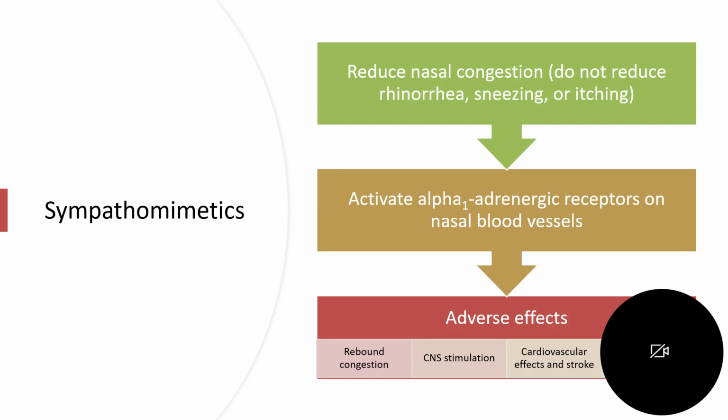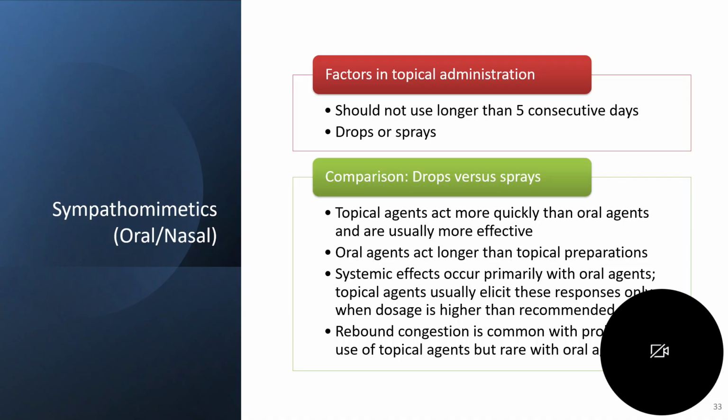So you take this and you're good to go, and then it goes into overdrive trying to compensate, and so you have the congestion, CNS stimulation, and then cardiovascular effects or stroke. So Sudafed, I think probably all of you have heard of this, know the side effects of that. That makes sense. We don't want people to use this nose spray more than 5 consecutive days.